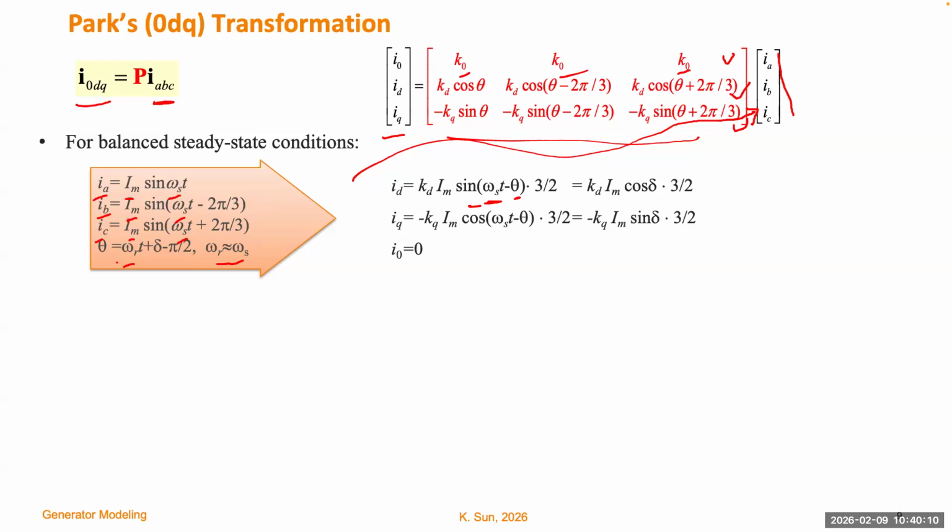But if you assume the rotor is also revolving at synchronous frequency, at the end the omega is cancelled. So ID becomes a constant value. ID doesn't depend on time at all. The first element, this one, is completely constant because KD is constant, IM is the amplitude, and delta is the angle. Under steady state condition, delta means how the QS is relative to some reference.